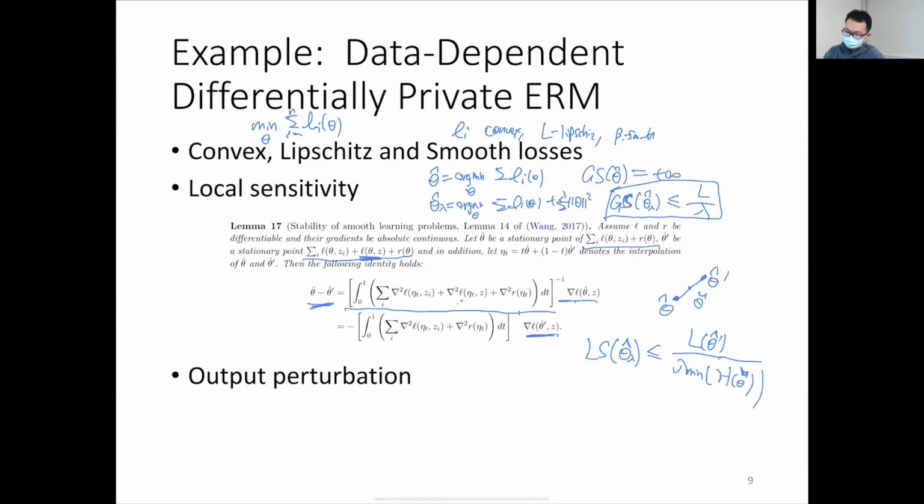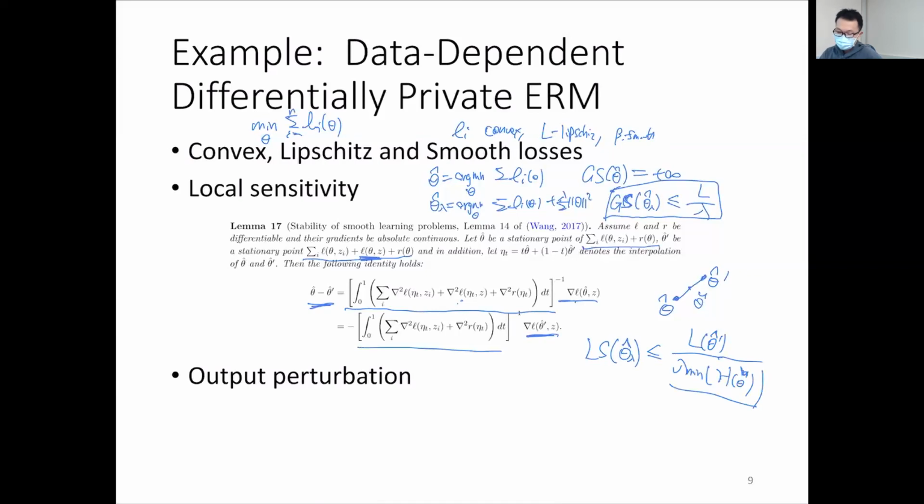You can clearly see that this is a matrix inverse multiplied with a vector, and L is an upper bound of the L2 norm of this vector, and then this is the smallest singular value, which when you invert it becomes the operator norm of the matrix applied to this vector. Therefore, you can upper bound this.